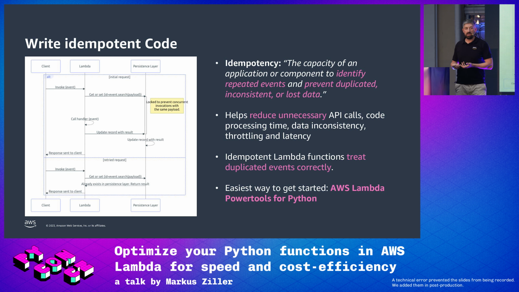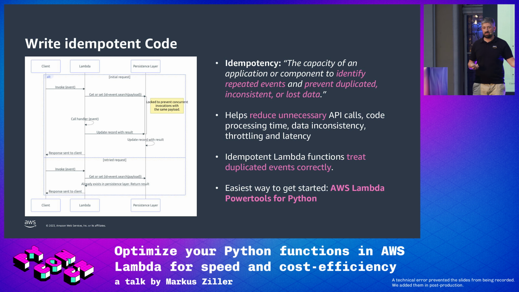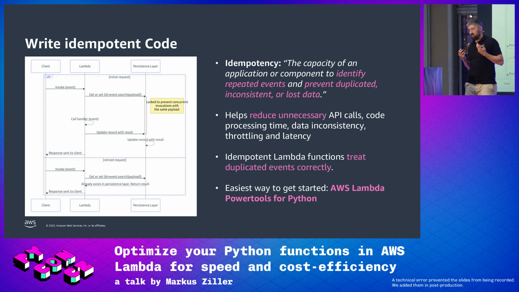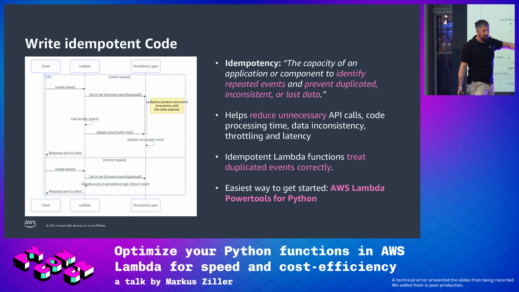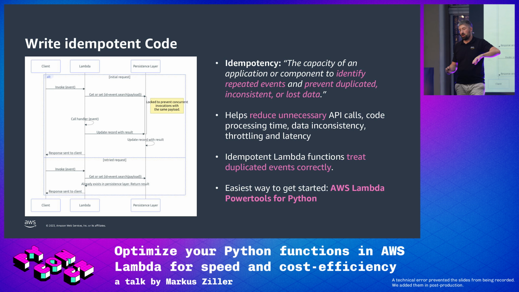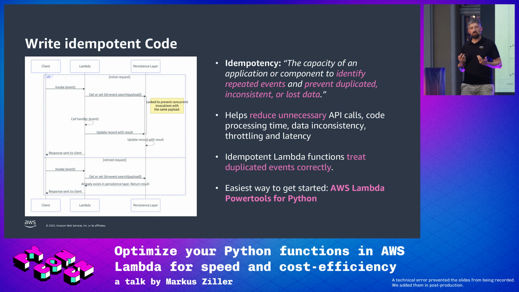But if you are in banking, for instance, and your Lambda function handles financial transactions, you care very much about deduplication, and then at-most-once semantics, or exactly-once semantics. At the end of the day, this helps you reduce unnecessary API calls and prevents data inconsistency. That's the important bit. If you need this, the easiest way to get started is AWS Lambda Powertools for Python. That is a framework that we maintain, some utils for Python.